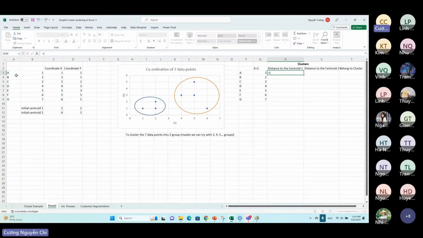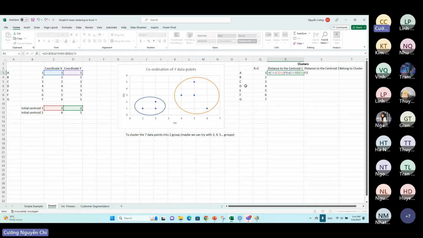For example, data point A, right? Data point A is (1, 1). How does it differ from the initial centroid (2, 2)? It's very simple. Take the x coordinate of the first one minus the x of the centroid, and square it, plus the difference between the y of data point A minus the y of the centroid, and square it.